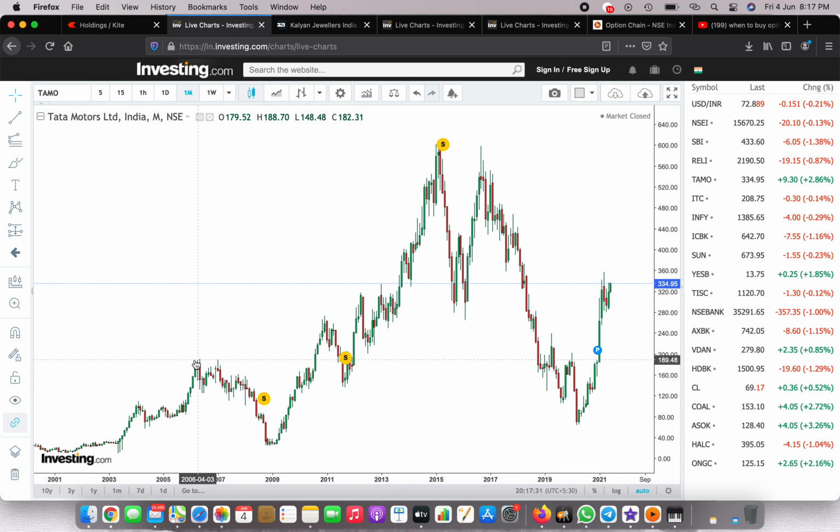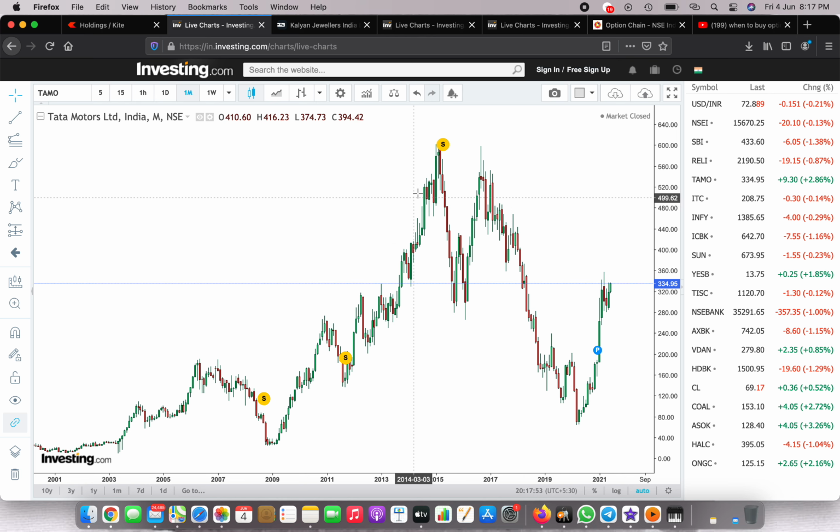Now to you it might look like this is a good spike, this is a good spike, this is a good spike, but I may not consider this as a good spike. I might consider only this as a good spike in the market, or only this as a good spike on the candle patterns. So this is something very important which will be different for different people in general.